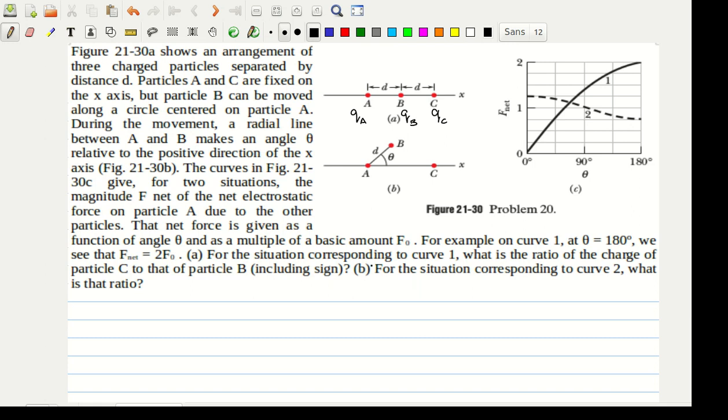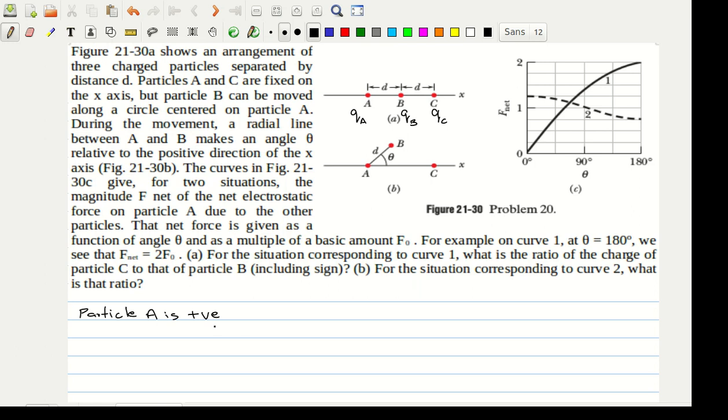Now for this problem, we can assume that particle A is positive. It does not matter whether you choose particle A as positive or negative, because we simply have to find the ratio of QC to QB.